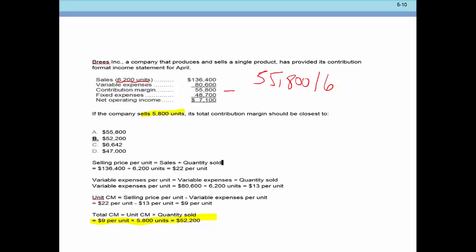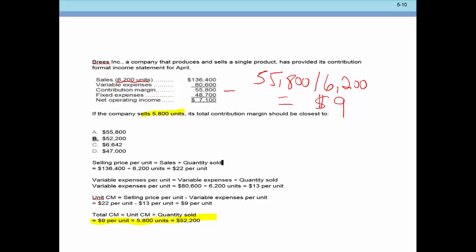Can't I just take that $55,800 and divide it by the 6,200 units? And doesn't that give me $9 per unit as my contribution margin per unit? I get the same answer and I don't have to make 3 different calculations, right? The more calculations, the more numbers you have to pipe into your calculator, the more chances you're going to hit divide when you meant to hit times or something stupid like that, right?